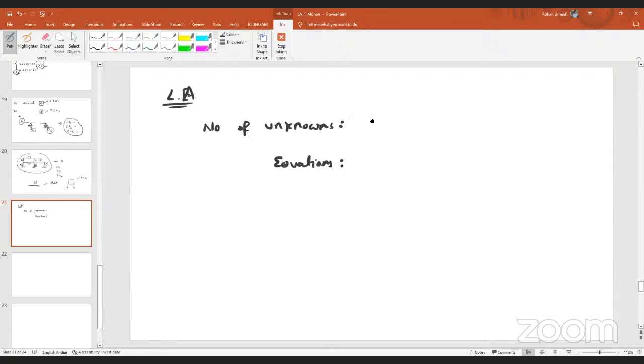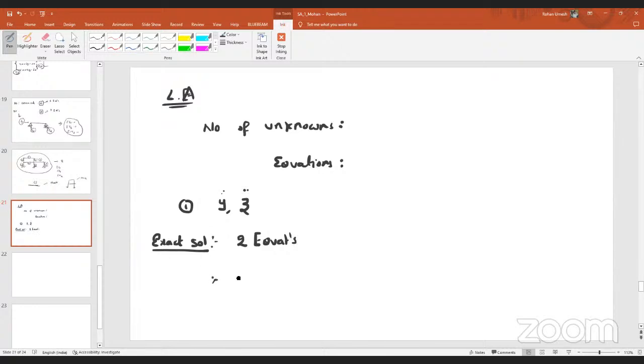Let us say we are having 2 unknowns, y and z. To get an exact solution, your number of equations should be equal to the number of unknowns. So as I'm having 2 unknowns, definitely I should have 2 equations to get the exact solution.